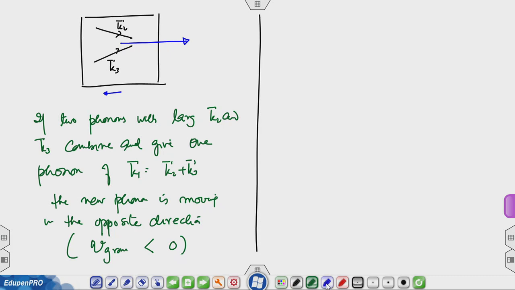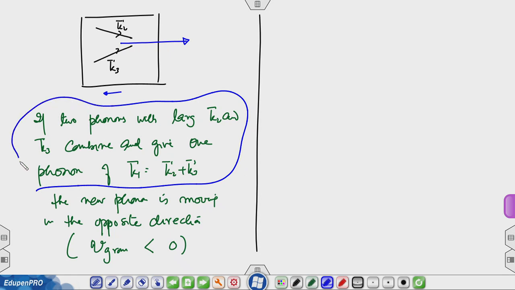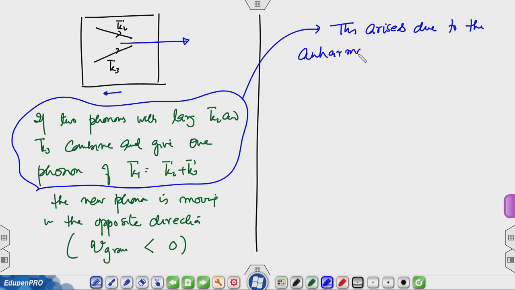And this effect, the combining of two phonons to give rise to a new phonon, arises due to the anharmonic term g x cubed, because it had that 2 annihilation and 1 creation operator.